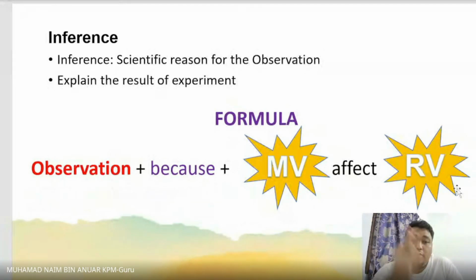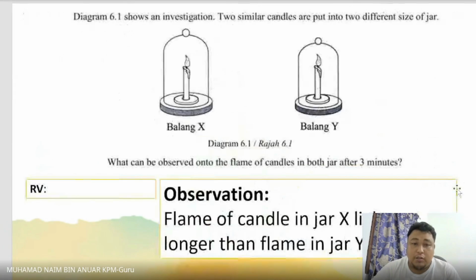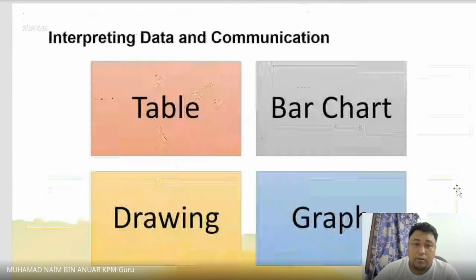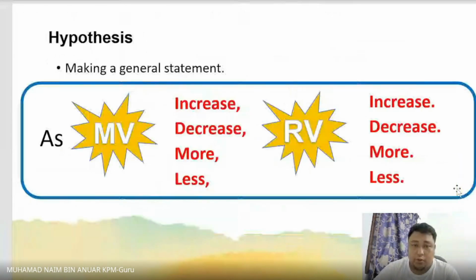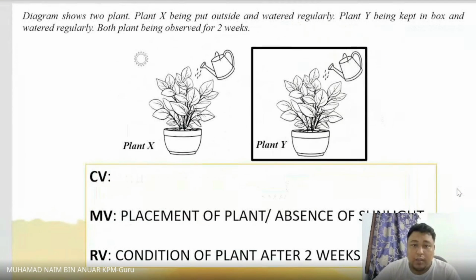So, observation. Let's say this question, the plant question. We do the plant question, easier for you to understand. So, observation. What is the observation? Just now we done already.